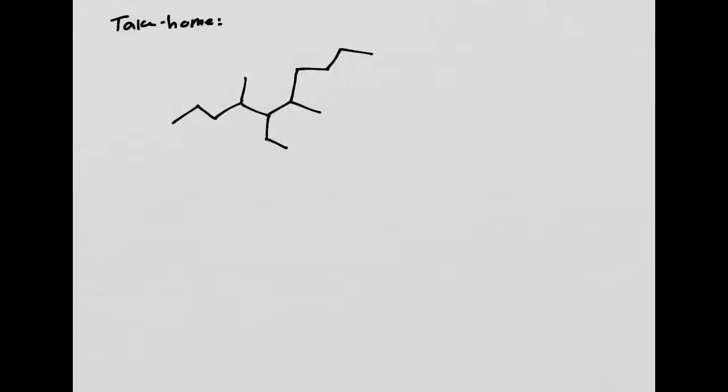How about I do this? So I have to be a little more careful. 1, 2, 3, 4, 5, 6, 7, 8, 9, 10. Can I do that? Why not? Do it in a row. That's 10 carbons in a row.